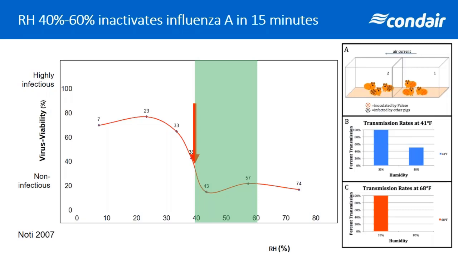In this example, the infectivity stays low, but for many viruses and bacteria, you'll see at 60% relative humidity the red line will come back up again. But there's a trough between 40 and 60%, which shows that bacteria and viruses are less infectious in that range. And the information on the right is for those of you who are thinking about temperature versus humidity. It's humidity that's the key element.